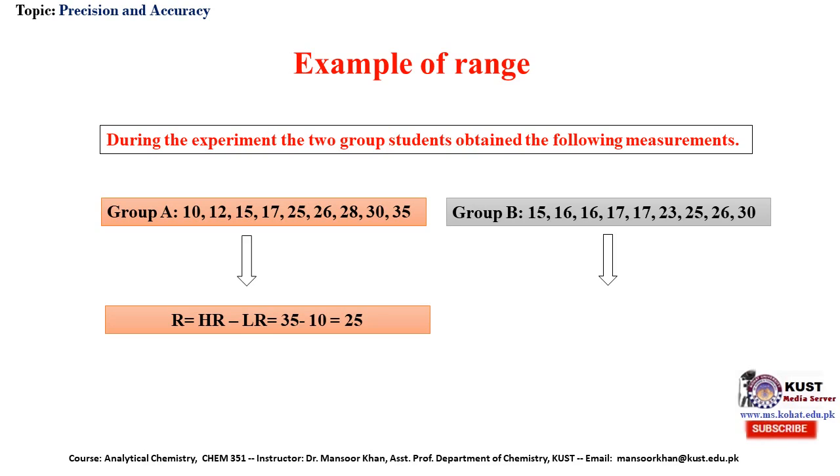Range is the highest reading minus the lowest reading. For group A, the highest reading is 35 and the lowest reading is 10, so the range for group A is 25. On the other hand, the range for group B is 15.